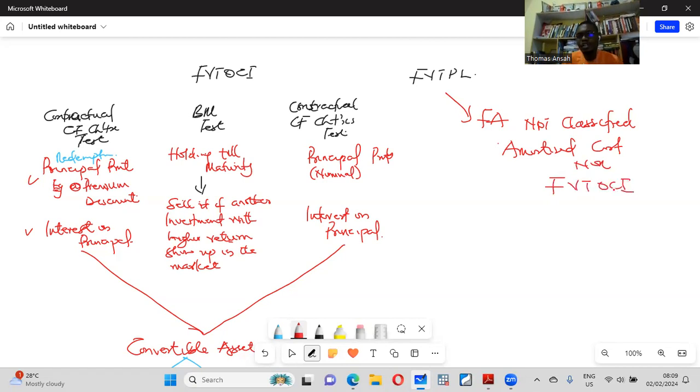So if it is not amortized cost, if it is not fair value through OCI, then it means that it is what? Fair value through P&L.